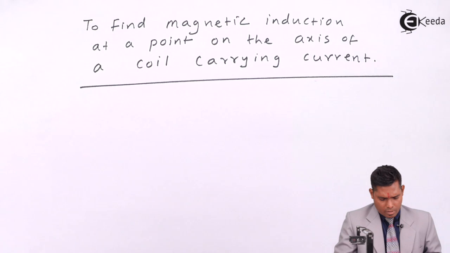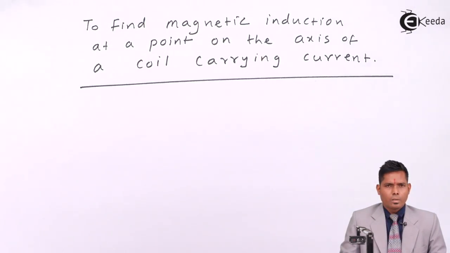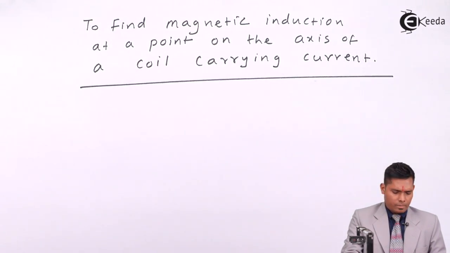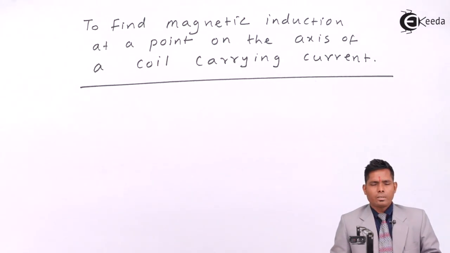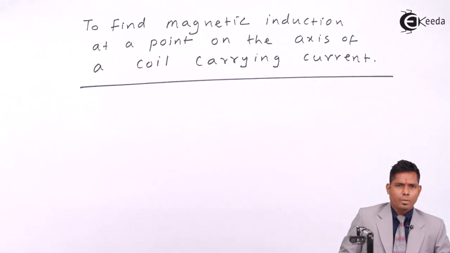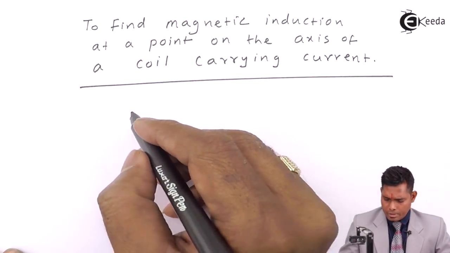Whether I choose here or here, this is always 90 degrees. The tangent and this line are always 90 degrees. So that will help us to find the magnetic induction.